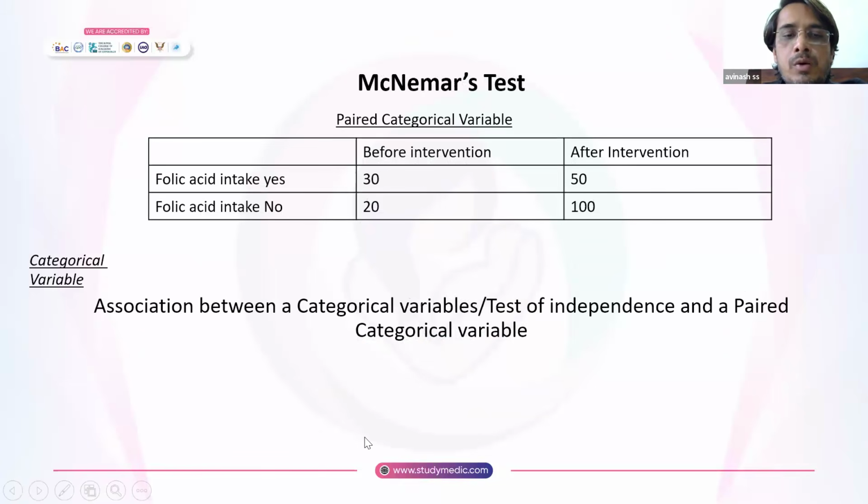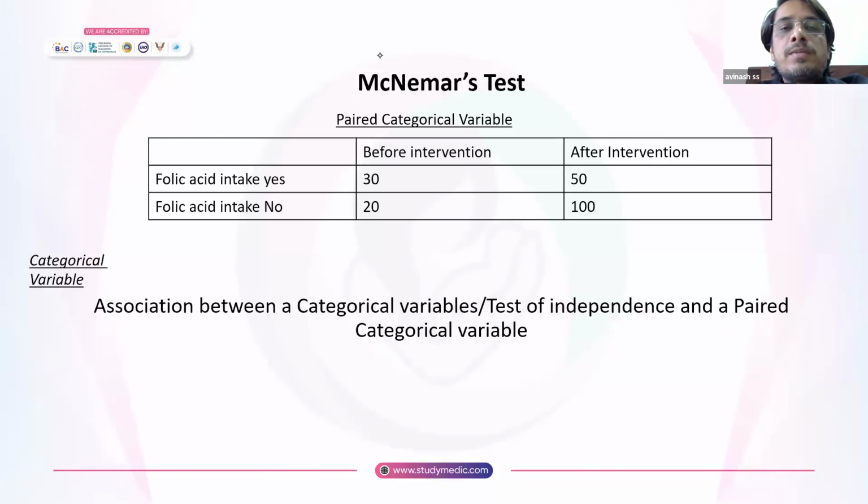Now, if the chi-square test has to be extended, okay, so in another, what is this McNemar test?